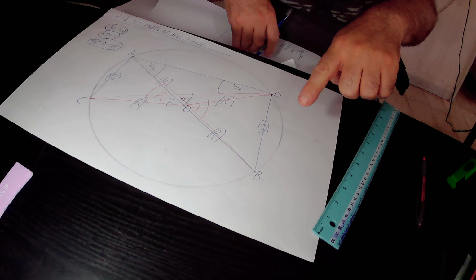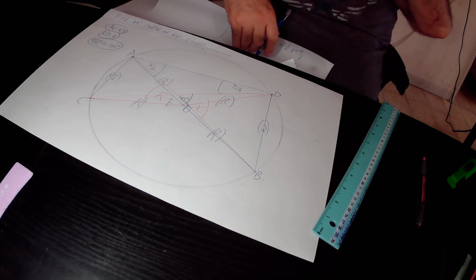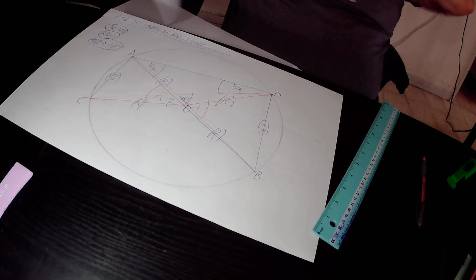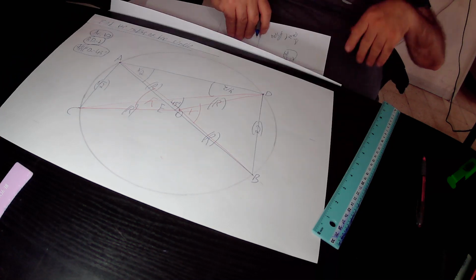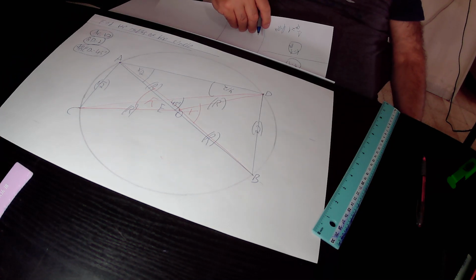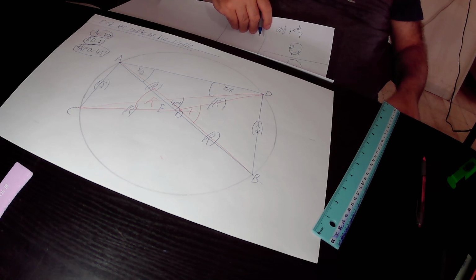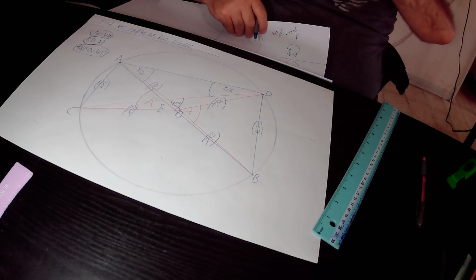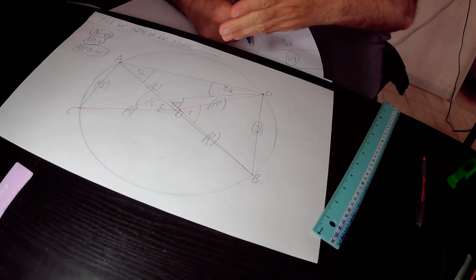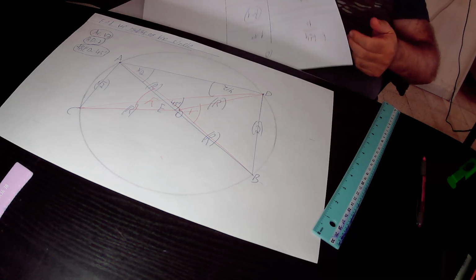Again, chord dB is definitely not the diameter of the circle. Okay, and we note that the diameter of any circle is the longest chord in the circle. The diameter of this circle is 2r.